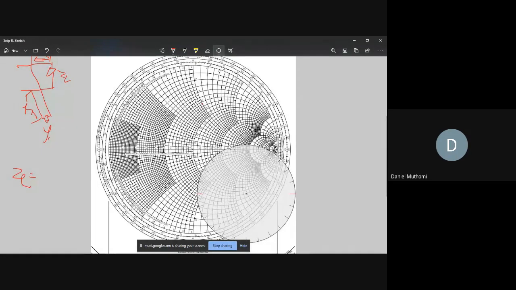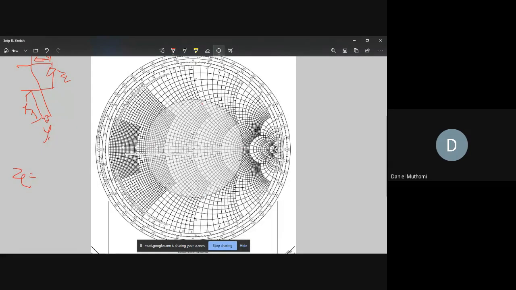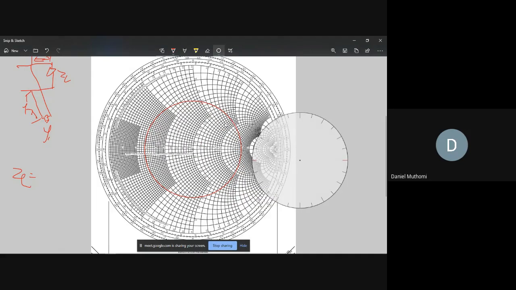You find that intersection, bring your compasses. Yeah, do that.